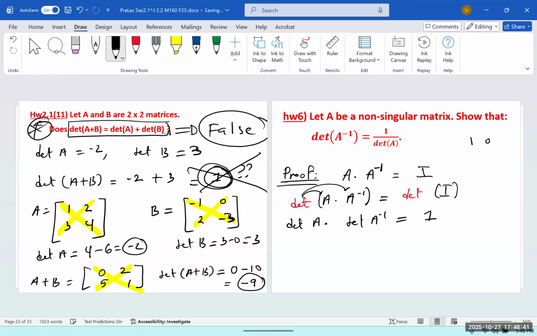So 1, 0, 0, 1 has diagonal 1, 1. It doesn't matter which identity matrix, the diagonal has all elements 1, so the product is 1. And now, as Alvin suggested, all you have to do is divide both sides by determinant of A. So we get determinant of A inverse is a reciprocal of determinant of A.